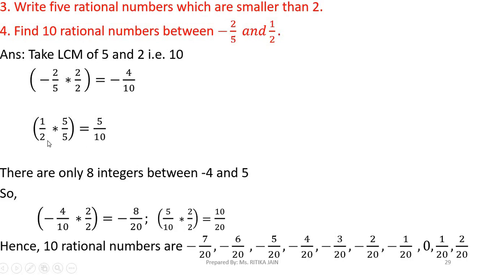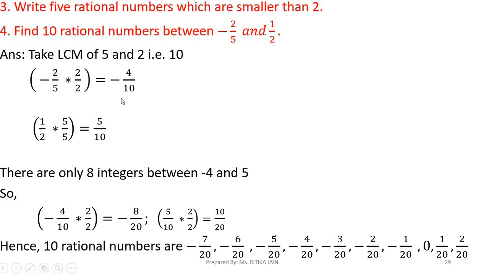And for 1 by 2, it will give us 5 by 10. Clear? Now, between these two rational numbers, we will get only 8 integers, because from -4 to 5 there are only 8 integers. So, this will not serve our purpose.